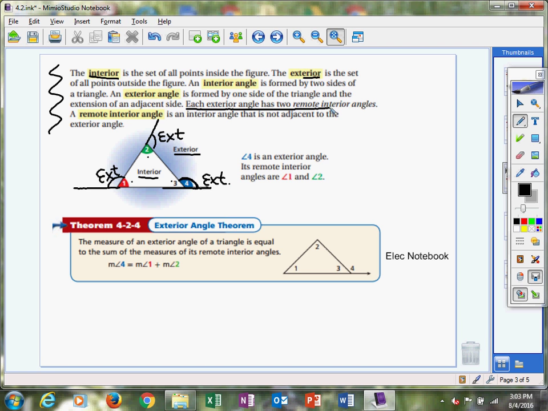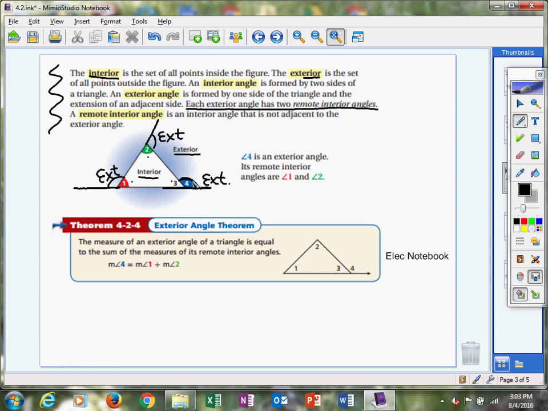Each exterior angle has two remote interior angles. Remote means kind of far away from it, the farthest away from it that you can get. A remote interior angle is an interior angle that is not adjacent to the exterior angle. Okay?